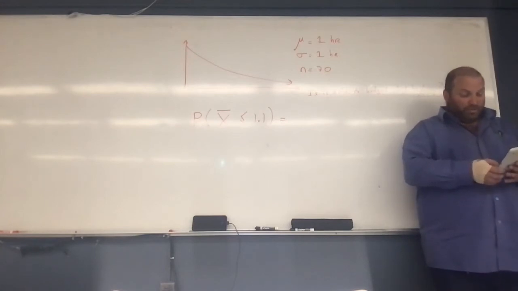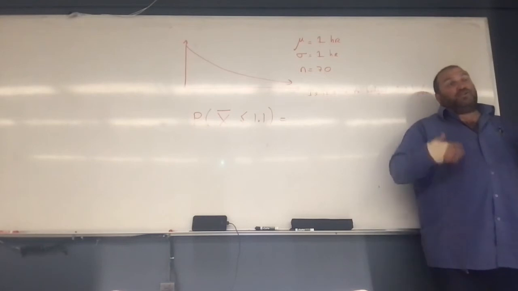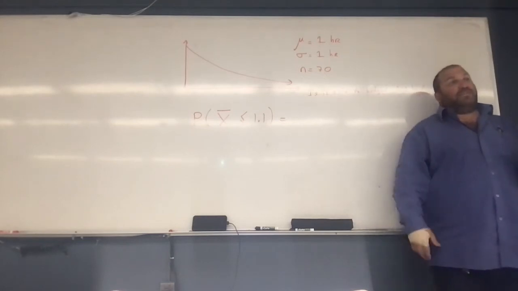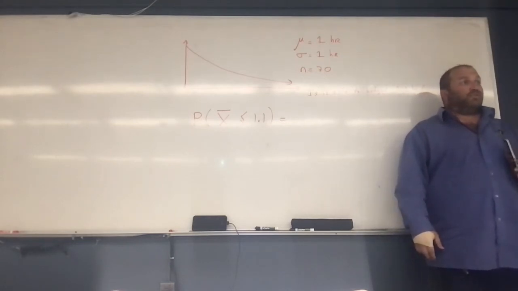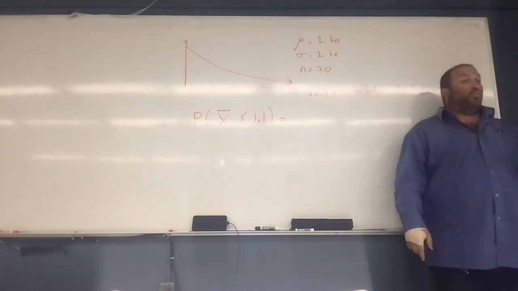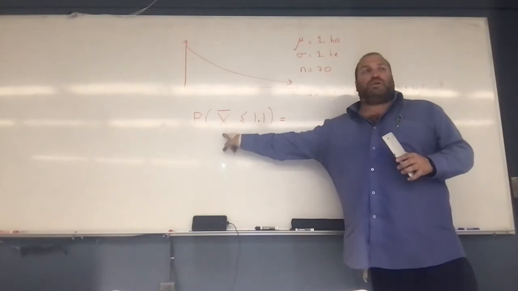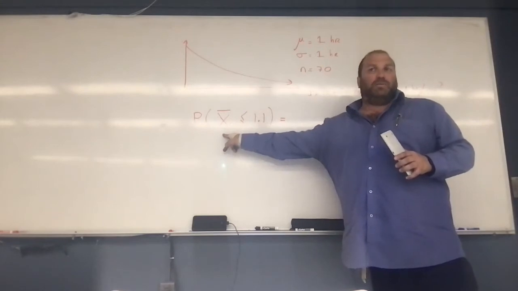What's sigma? What's sigma? You guys are talking like I'm deaf. I've asked 4 times and I've gotten 4 wrong answers. What? 1 over the square root of 70. Because remember, the distribution for x bar has 2 parameters.